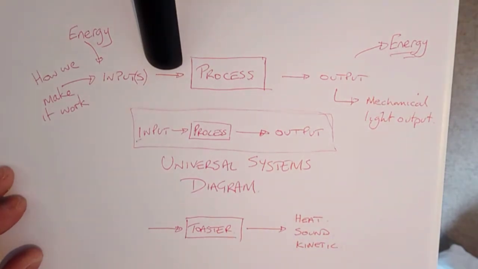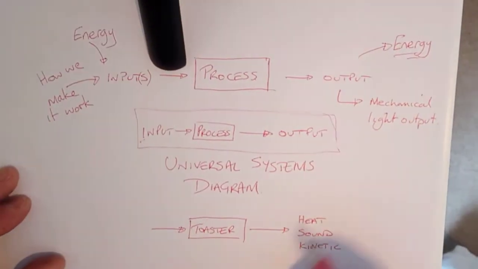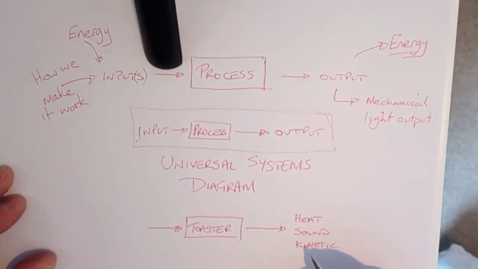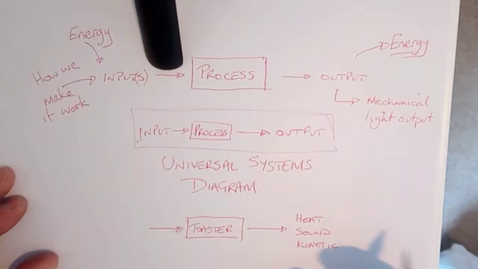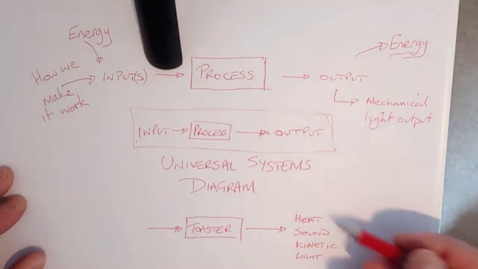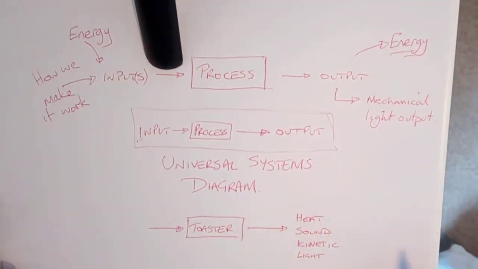So you've got three there already: heat, sound, and kinetic. You can even say light. There might be a wee light on the toaster that tells you when it's on and off. So you can term the outputs by these ones. It doesn't have to be all of them, but you can certainly see where they all come from.